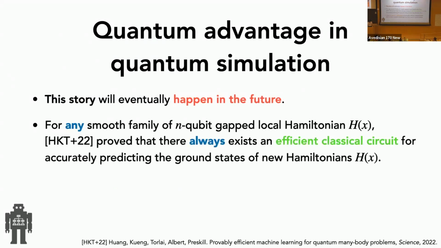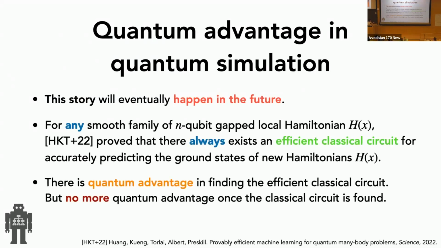So basically, what this result also suggests is that there could be a quantum advantage in discovering, in finding an efficient classical circuit for this family of Hamiltonians. But then once the classical circuit has been found, there's no more quantum advantage. And I do believe that in the situation of quantum simulation, this will happen a lot. We use a quantum simulator to study Hamiltonians, and after we study them enough times, we now really understand them, and we can write down an efficient classical algorithm that can solve the ground state and estimate properties.